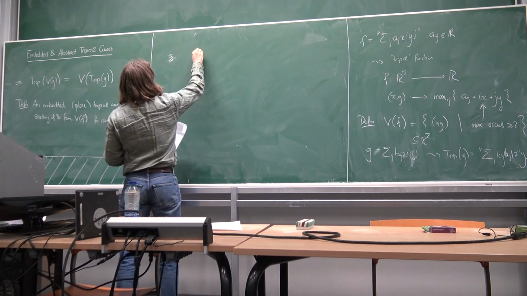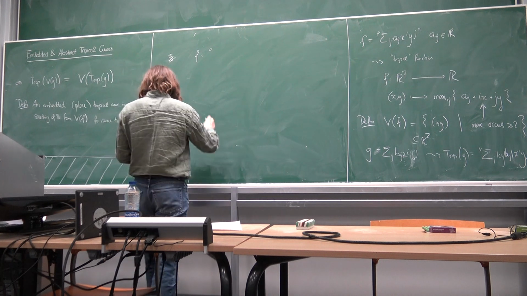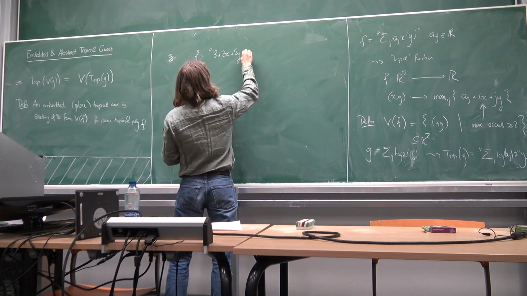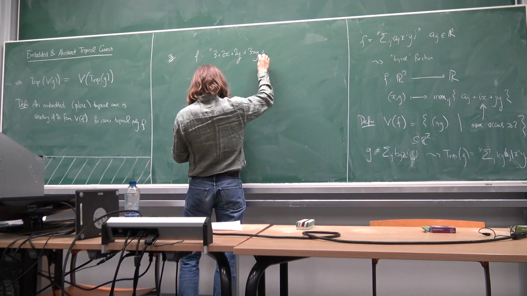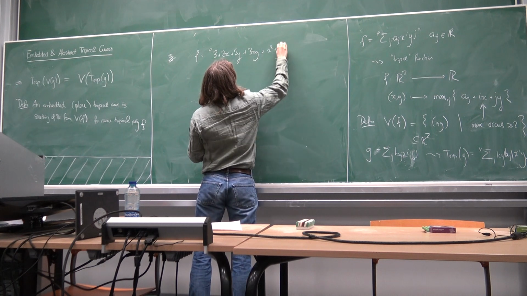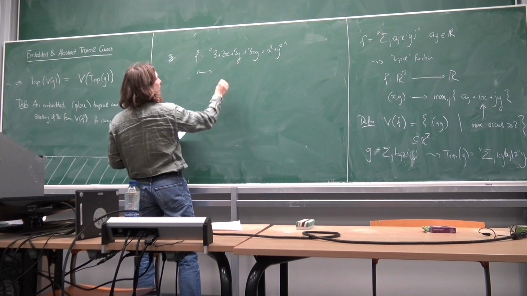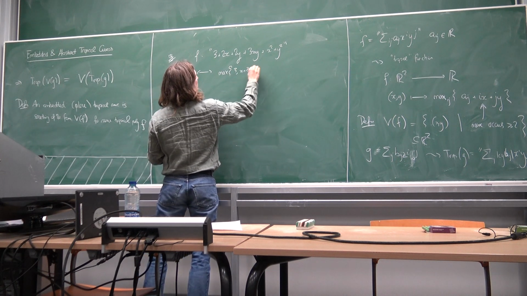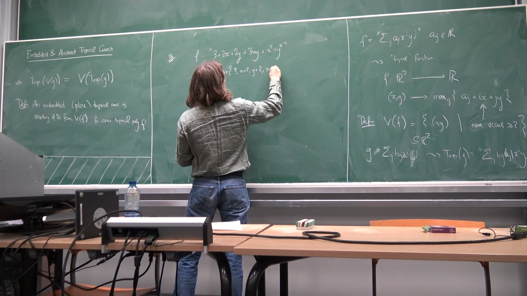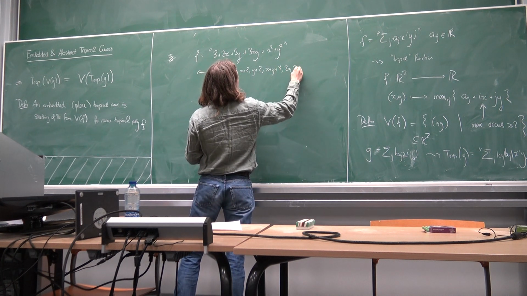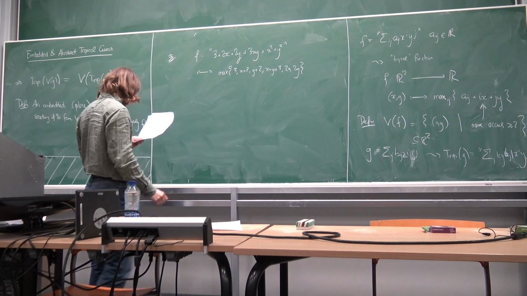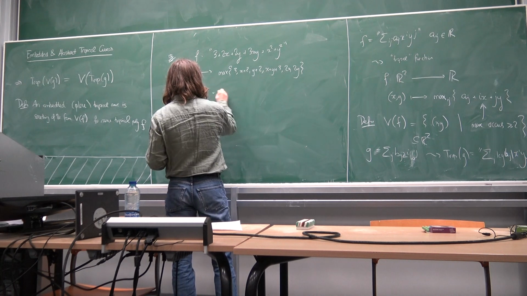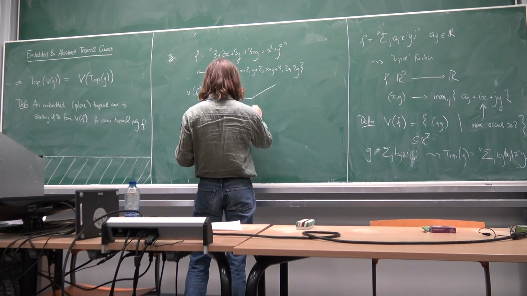For example, if f is the following tropical polynomial, then this is going to correspond to the function, well, it's going to be the max of 3x plus 2, y plus 2, x plus y plus 3, 2x, 2y, and when you draw the corresponding tropical curve, the thing you end up with looks like this.